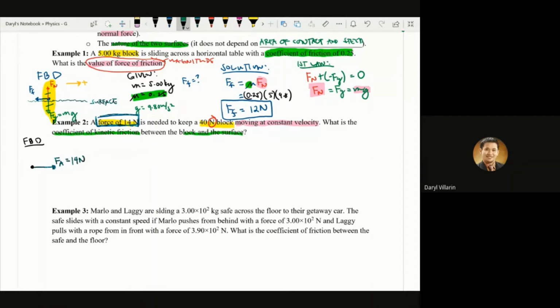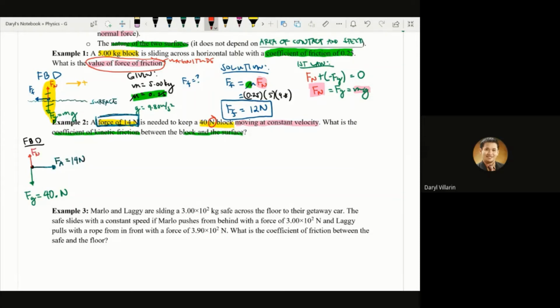And then again, you always have the FG, the weight of the object, and this time, this is 40 newtons, okay? And I know that I have a normal force because this is in contact with the surface.